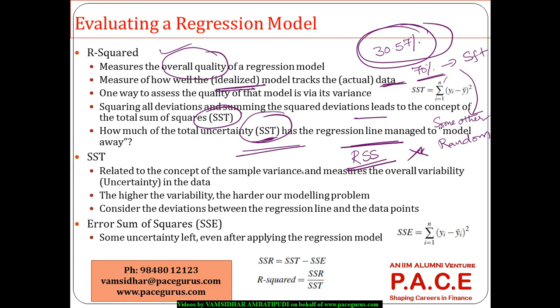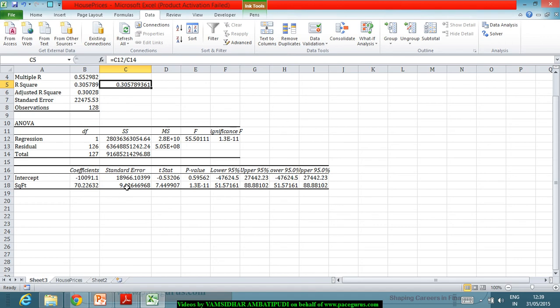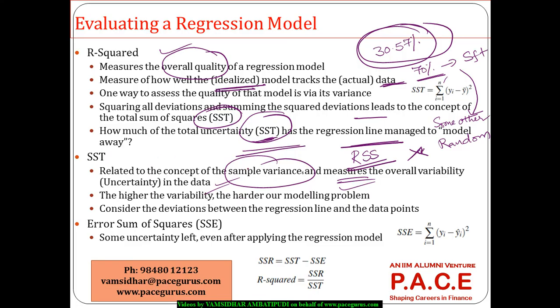So in the total sum of squares, all we have done is the sample variance. We have measured the overall variability in the data. The higher the variability is, the harder our modeling problem will be. Here the variability is a very high number. So I need to have a regression model which can really address that. Otherwise it's going to be a modeling problem.